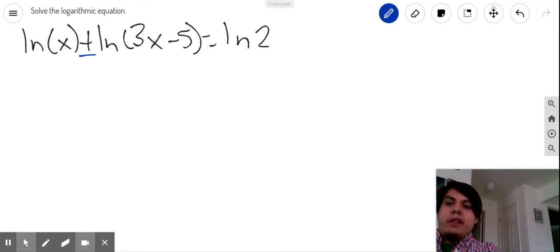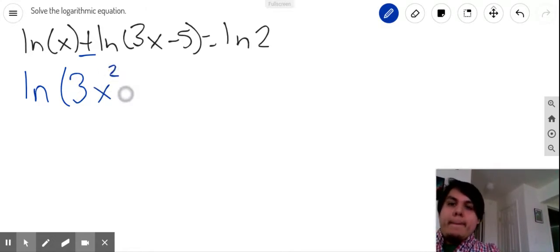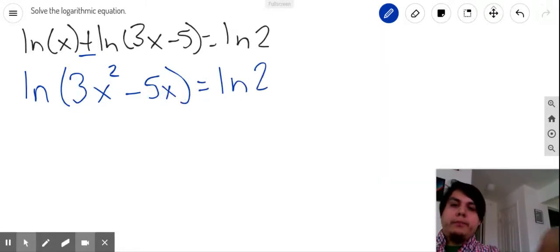So we're going to treat this as natural log of, multiply properly, natural log of 3x squared minus 5x should equal natural log of 2.